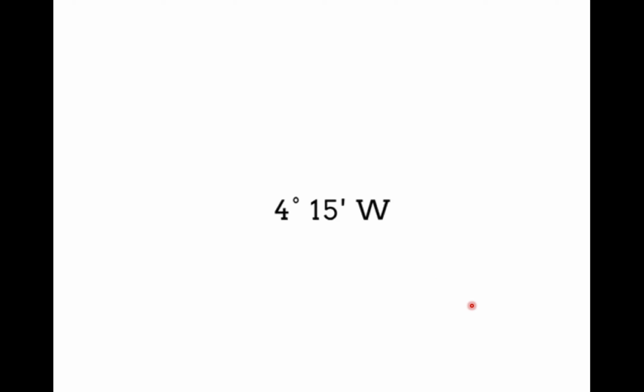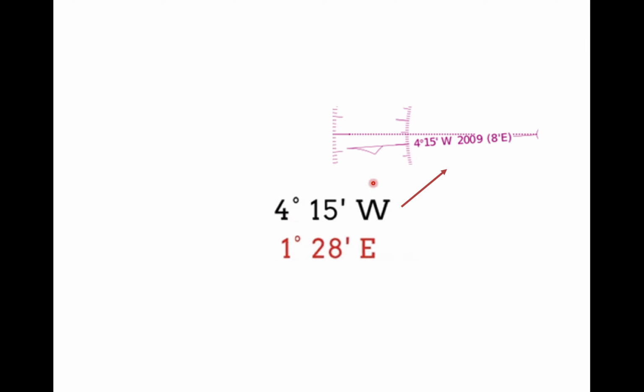Okay, next. Now let us solve for number two. This will be the last step. We have here 4 degrees 15 minutes west, and we also have 1 degree 28 minutes east. What are these? This one, 4 degrees 15 minutes west, was the given earlier in our problem.